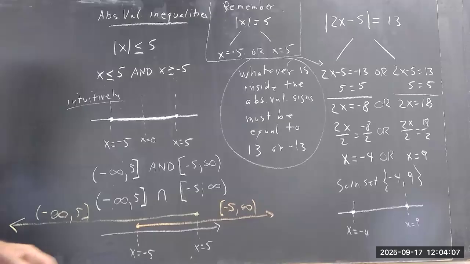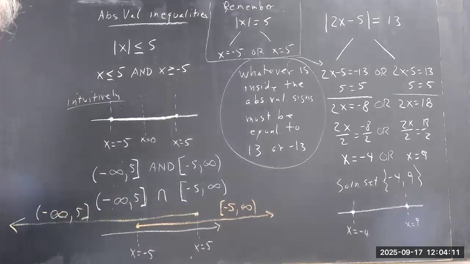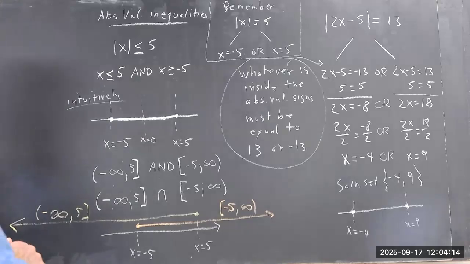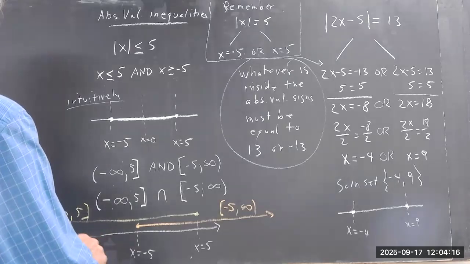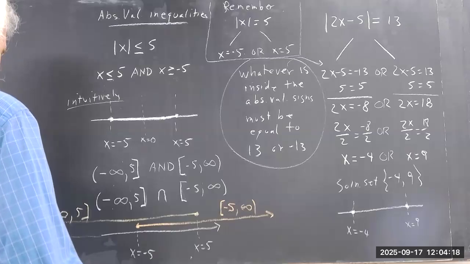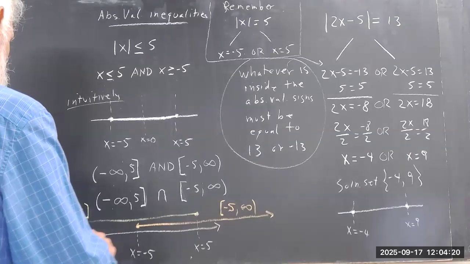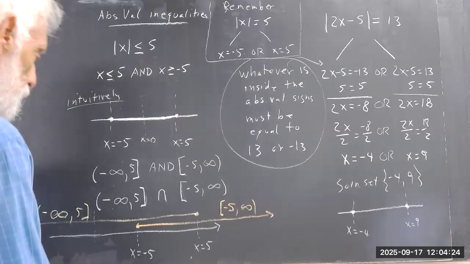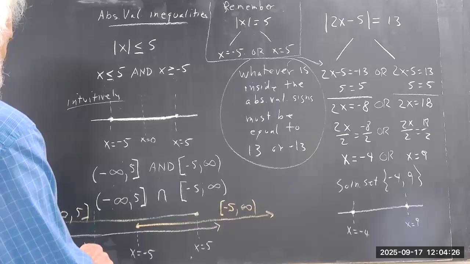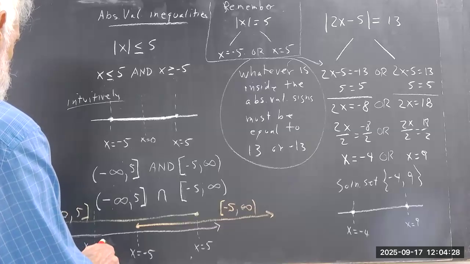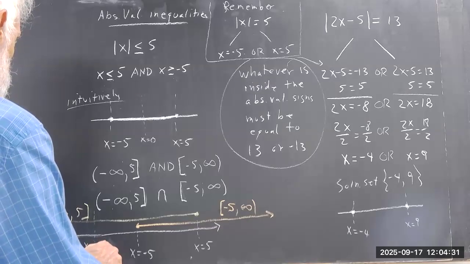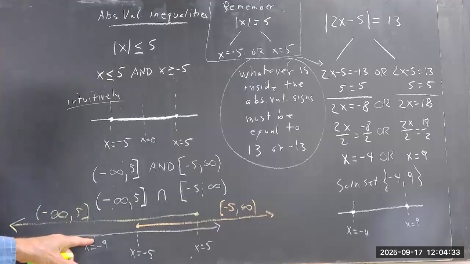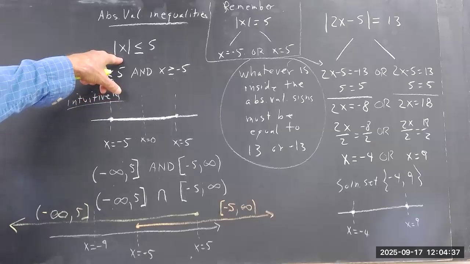Well, it's got to be in this, and it's got to be in this. So let's just say we want to ask, maybe x equals -9. Is x equals -9 a solution? Obviously not.